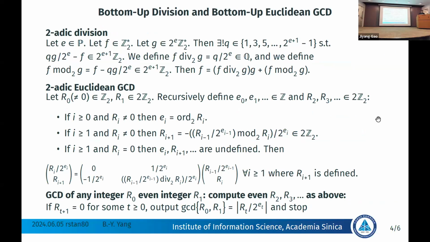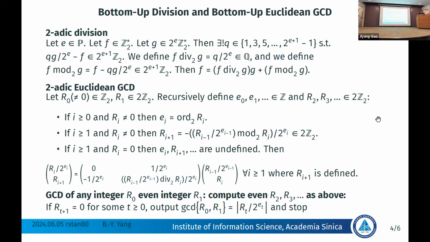So if f is odd and g over 2 to the e is odd, then the pigeonhole principle tells us that there's exactly one q such that qg over 2 to the e is congruent to f modulo 2 to the e plus 1. We say q over 2 to the e is the two-adic quotient, and define f mod 2 g equals f minus qg over 2 to the e, which is more even than g.